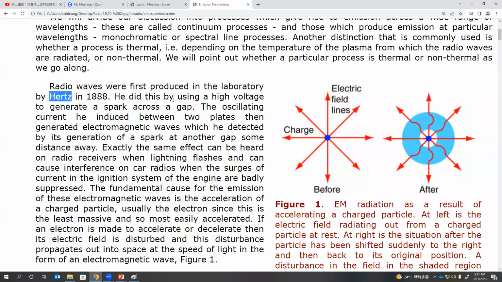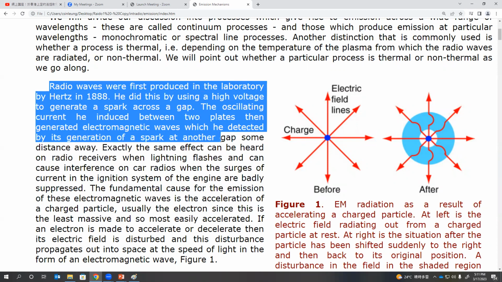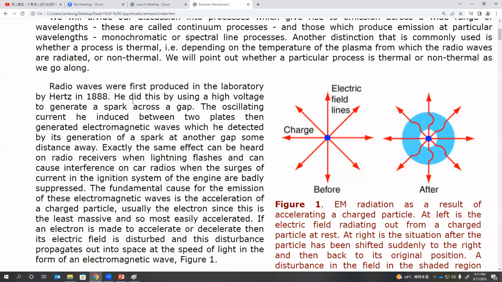That's why we memorize his great contribution nowadays: when we use the unit for frequency, we remember Hertz. However, what I wanted to say is, how does electromagnetic radiation get produced based on some electrically charged particle? Here, if you look at figure 1, the major reason I put it here is for my remark.